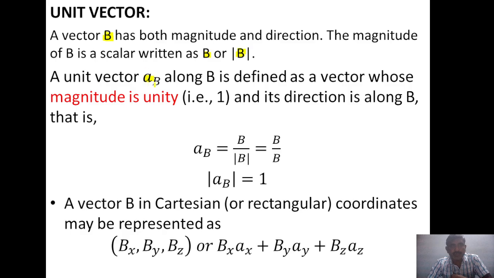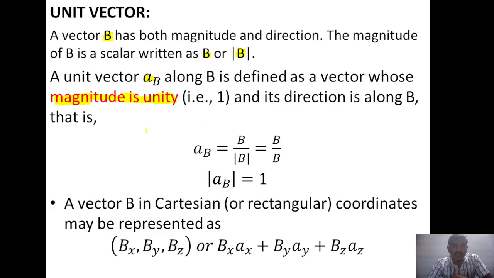The unit vector along b is defined as a vector whose magnitude is unity. If the magnitude of a particular vector is unity, then you can say it is a unit vector. The unit vector is defined in the direction in which the vector b acts.